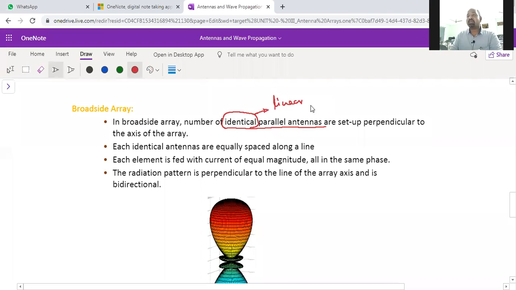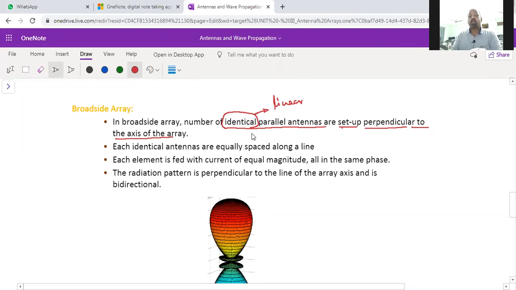Therefore, identical parallel antennas are set up perpendicularly to the axis of the array. This is very important. Identical antennas in the sense what? All are of the same type.